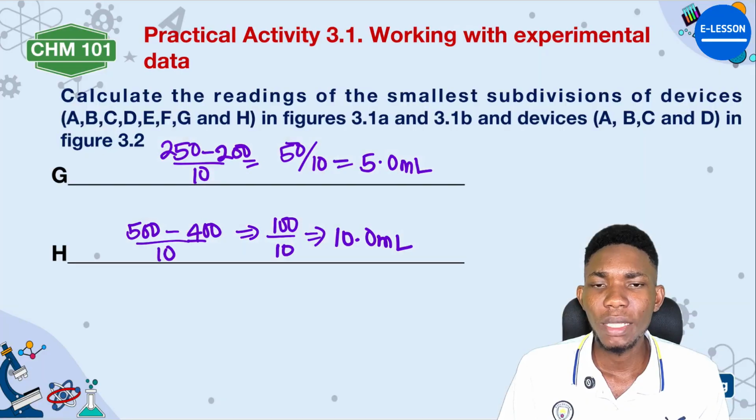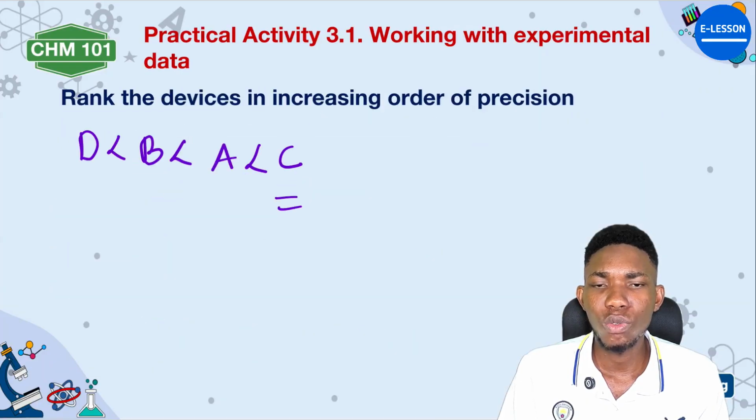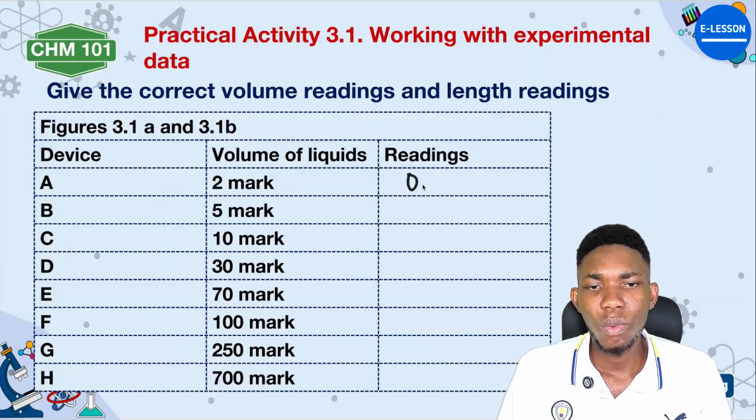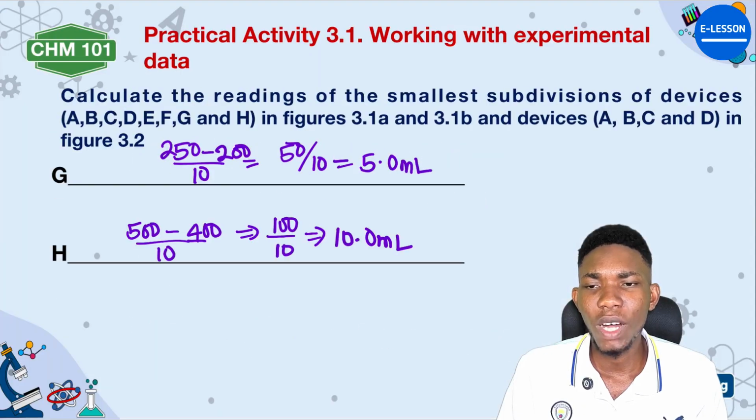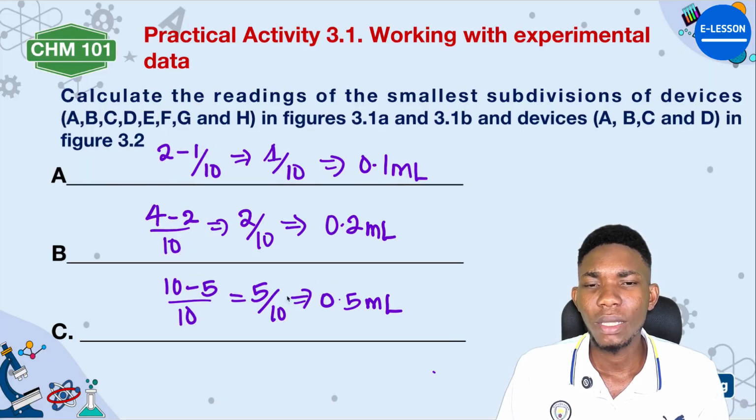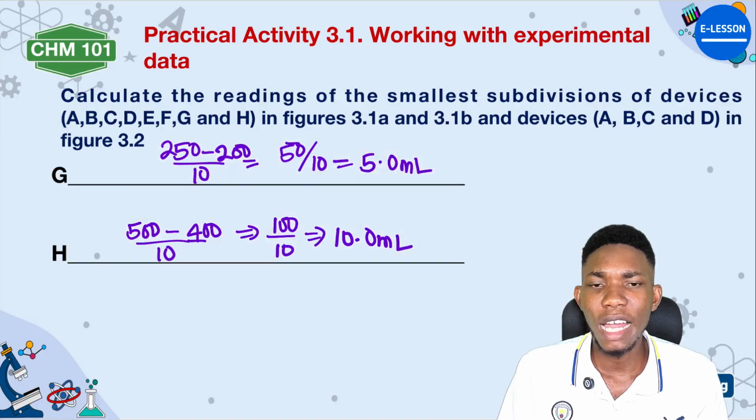So for 2 marks, it will be 0.1 times 2, which should be what? 0.2. 0.2 mil. All right? Now, the next one is 5 marks. For the 5 marks, what is the lowest value for that one? It's 0.2 mil for B. So it will be 0.2 times 5.